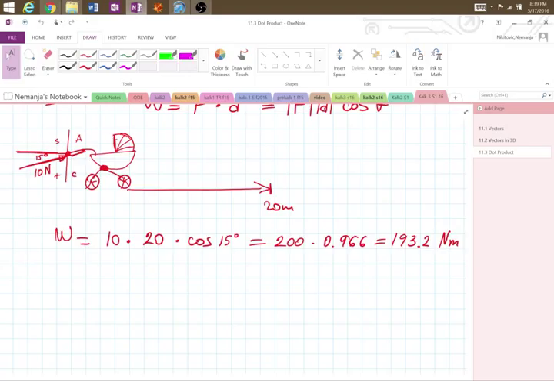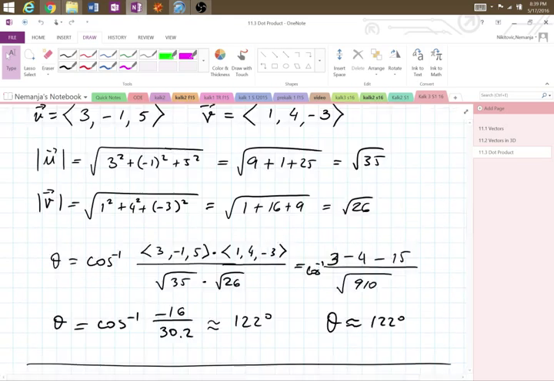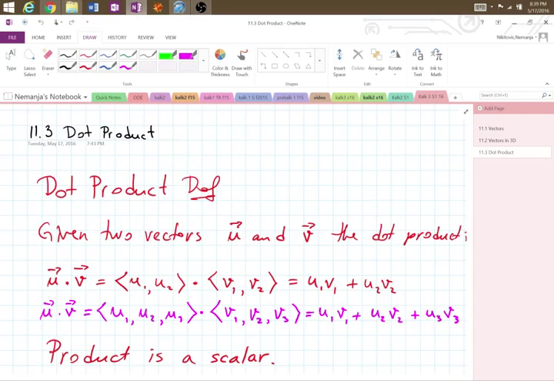Okay, let's just recap this and then go for a break, stop the stream, and then we'll resume the stream for 11.4. So guys, the dot product. The dot product is a way to multiply vectors. The answer is always a scalar.